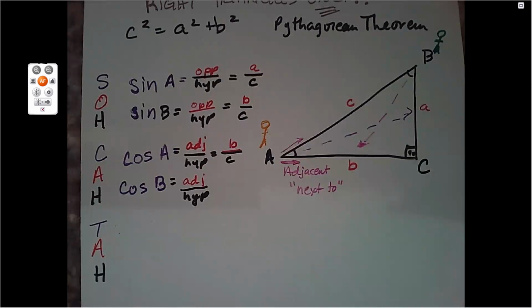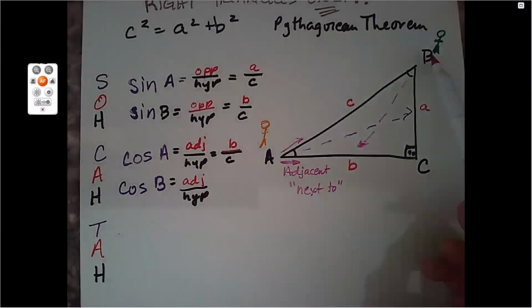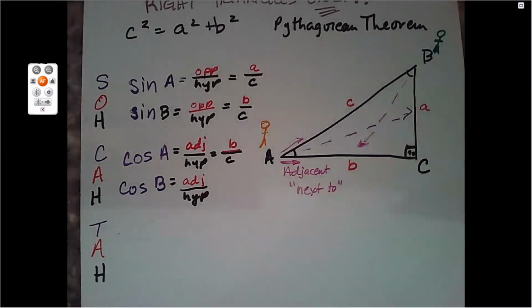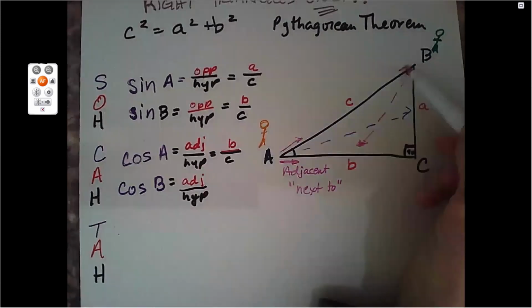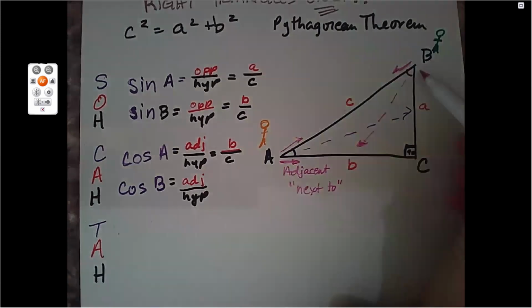what's my adjacent side? Well, just like down here at A, I have two sides that make up angle B. I have this side and I have this side. Well, this one here is already C, that's already the hypotenuse. You cannot have it be two things at once.